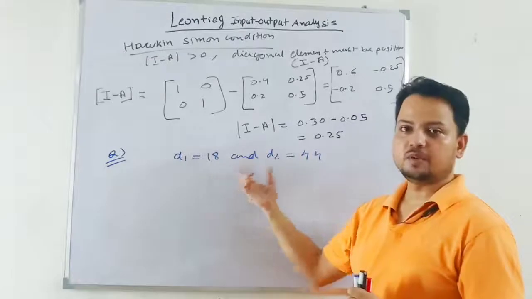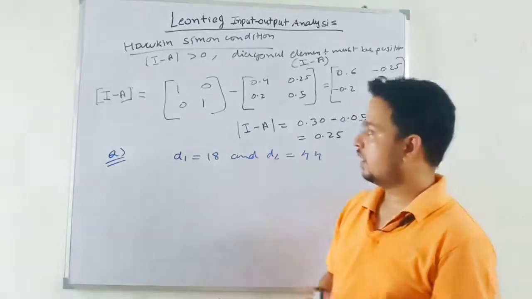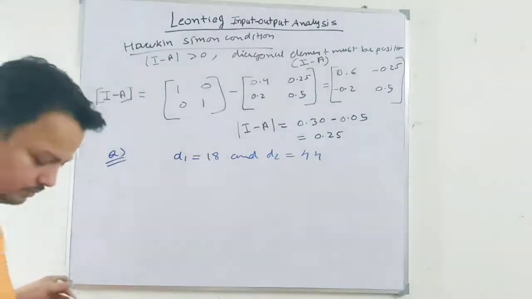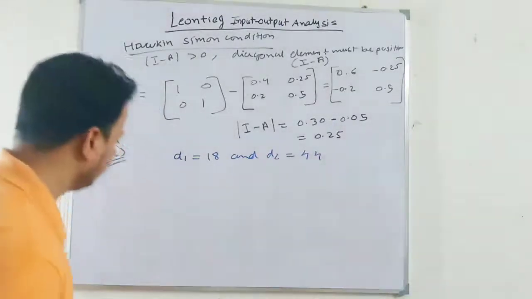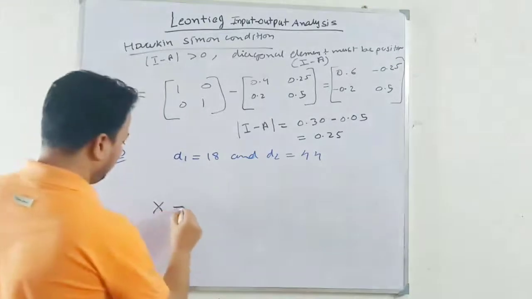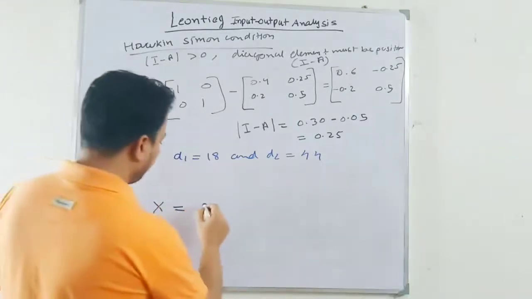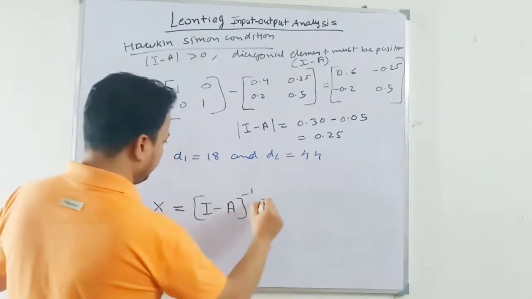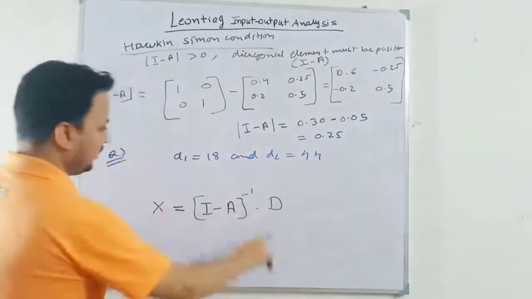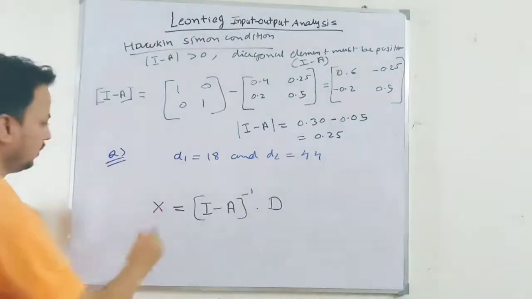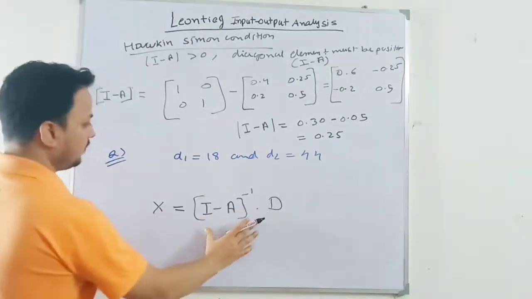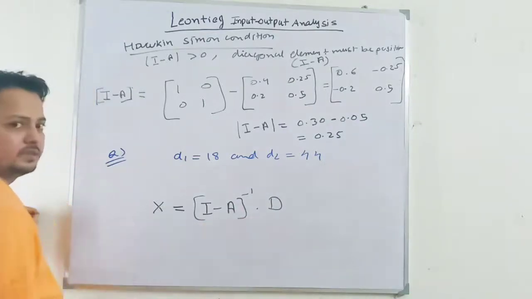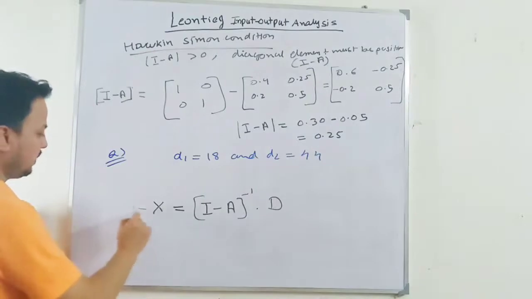You know the formula: total production equals I minus A inverse into D. So if D changes, given this inverse, the production of industry 1 and industry 2 will change.